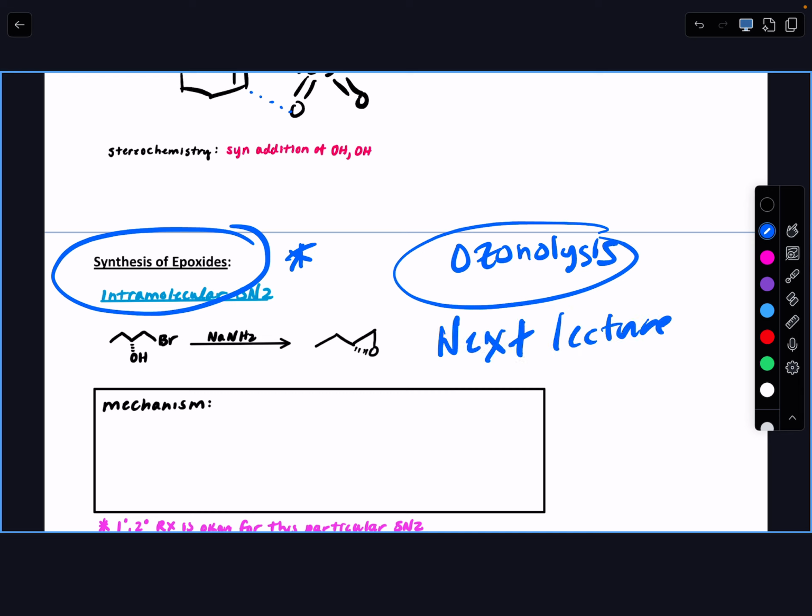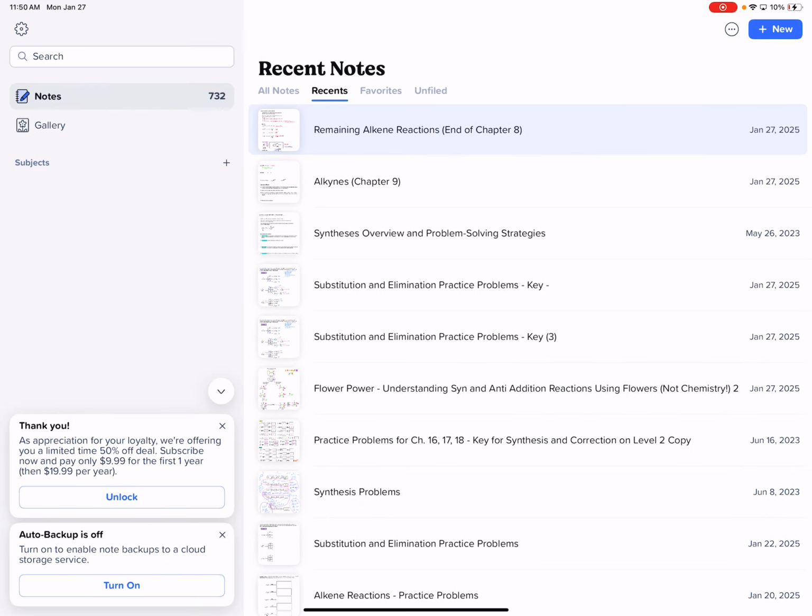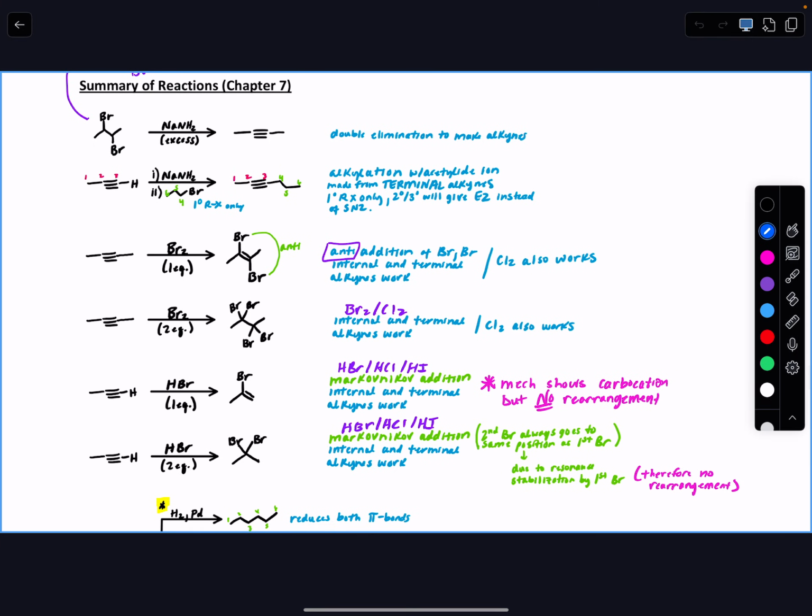That way I can just make sure it's all up here and we can wrap this chapter up, which should be lecture 4, Wednesday. So let me add that in and then we'll just tie these up together. Alkynes are going to undergo ozonolysis as well, so that'll mesh with the next chapter, but let's just come back to these and move on to alkynes.